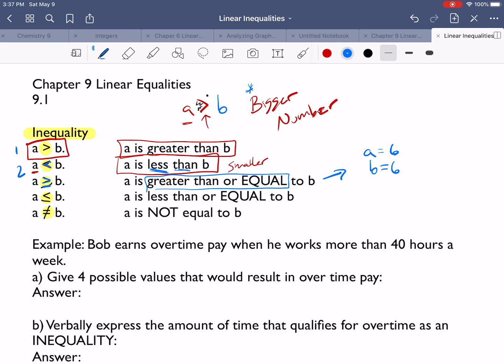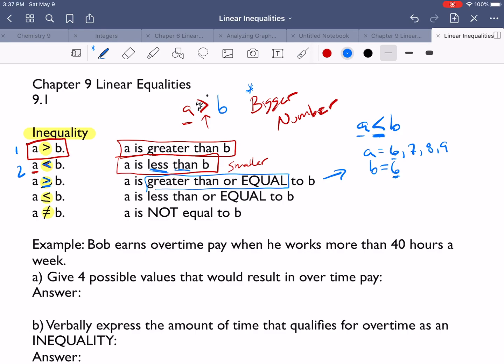Do you see how A here could be 6 and B is 6? So it could be equal to, that's why we put this little line underneath.